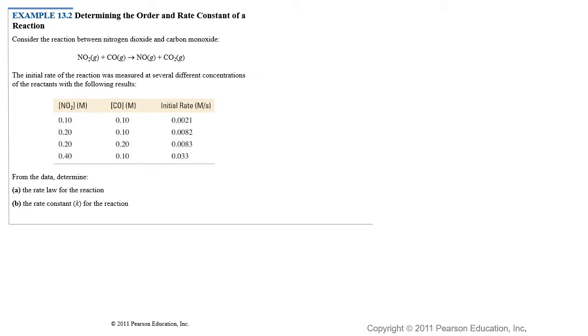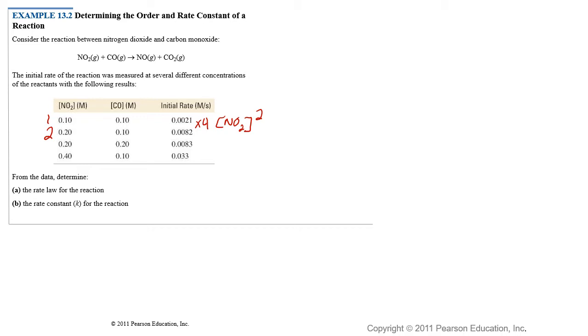If we look at experiment 1 and experiment 2, the carbon monoxide is held constant. Our concentration doubles for nitrogen dioxide, and when we look at our rate, it increases by a factor of 4. This means that the order for our nitrogen dioxide is second order.